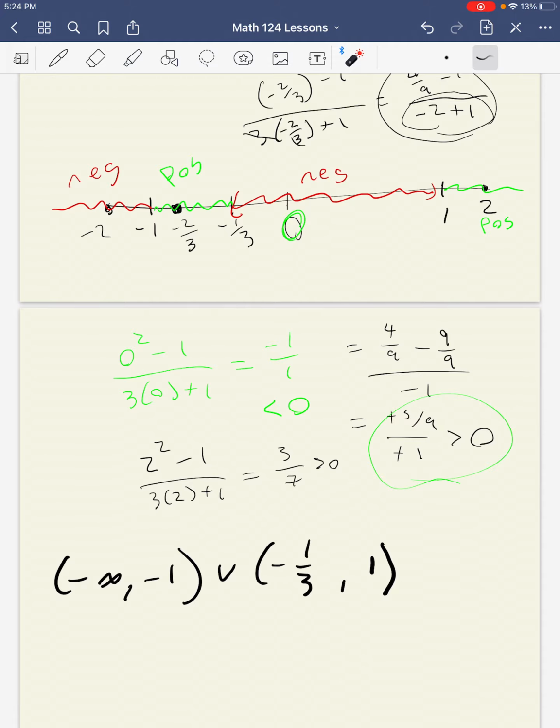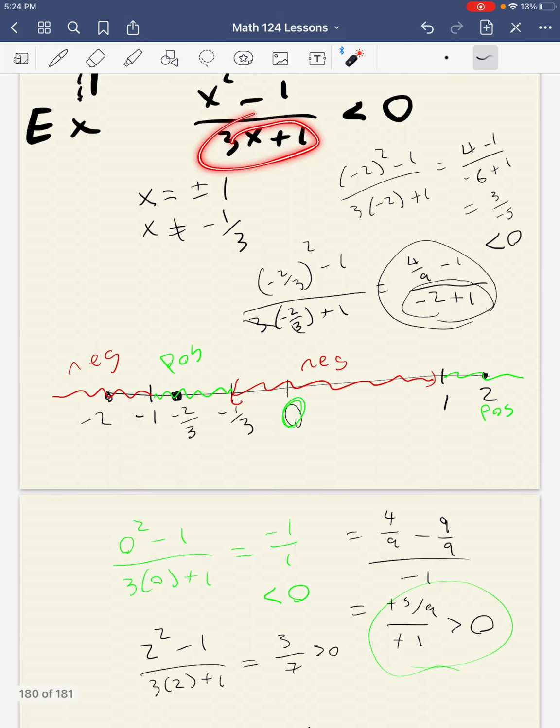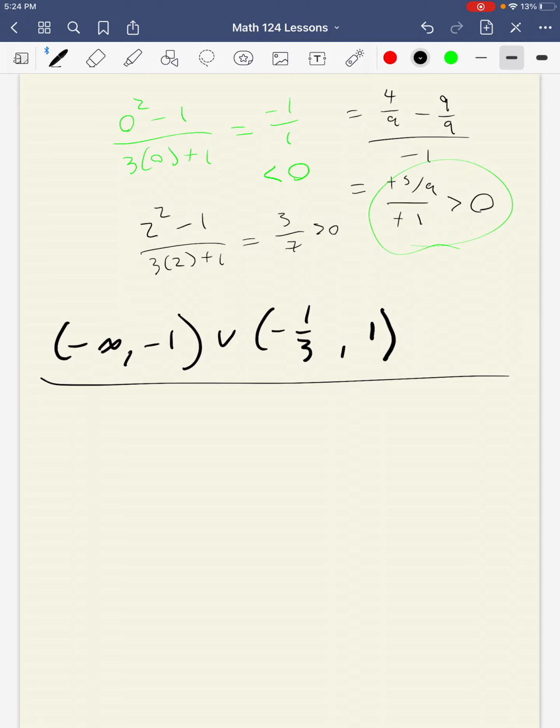Okay, so sort of the same method to do rational inequalities. It's just we have that added condition where we test when the bottom is 0 as well. Let me maybe do one more example that's a little more difficult.